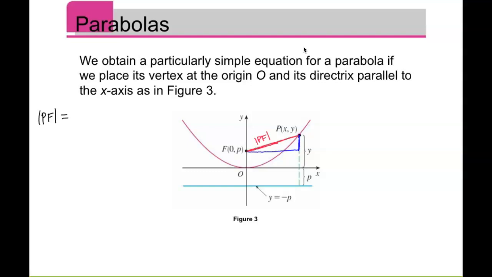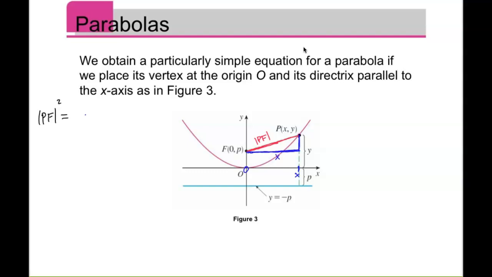So I know that PF squared equals this side squared. How do you find the horizontal distance between 2 points? This is 0, and this is just x. So that horizontal distance is just x.